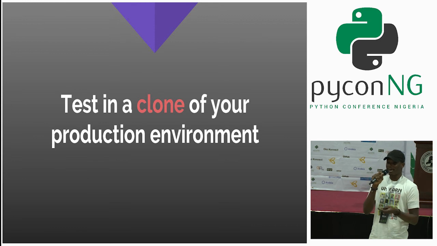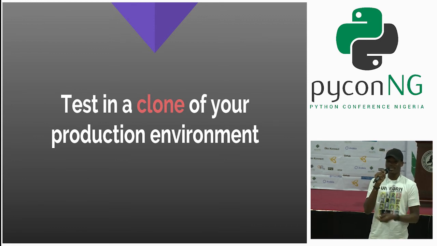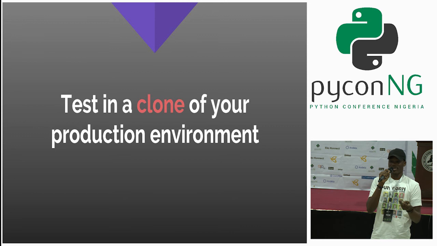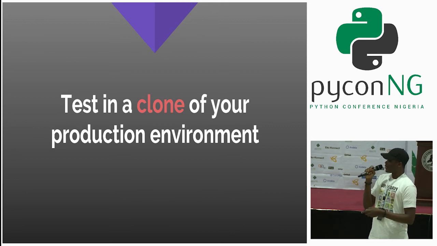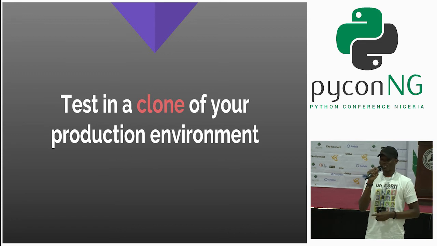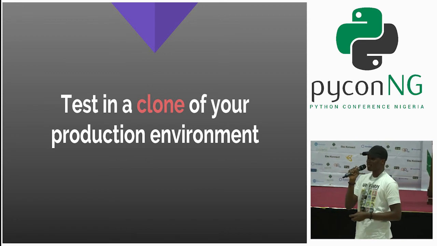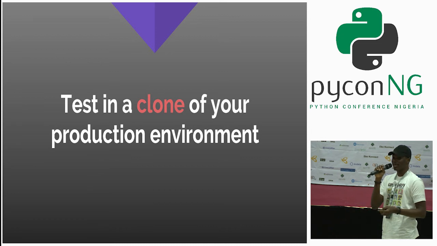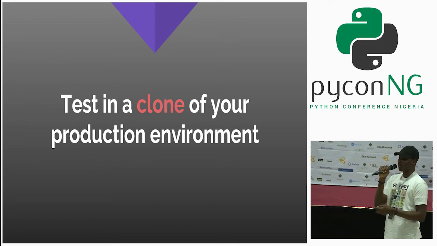So your test might pass on SQLite locally, and when you get to Postgres, you discover that it's breaking. So you should always endeavor to test in an environment that is as similar as possible to your production environment, so you can be assured that once your tests pass, it is definitely going to work in production.